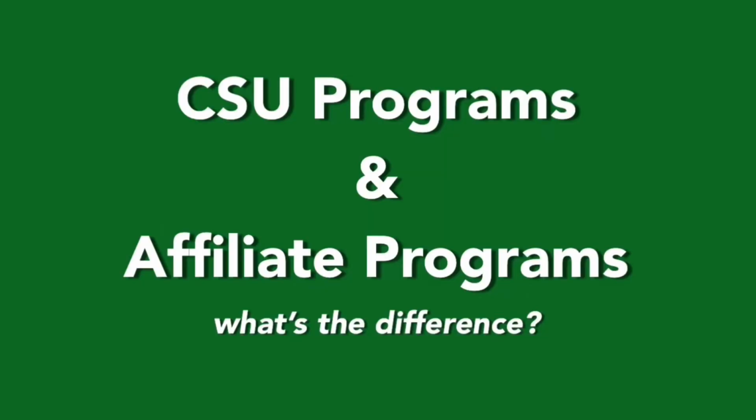So first, I would like to say that I am going through an affiliate program. I'm going through USAC. So my knowledge on going through an affiliate program will be a lot bigger because that's what I'm doing. But I made sure to meet with somebody at the international office, CSU International Programs Office, to ask about what the difference is.